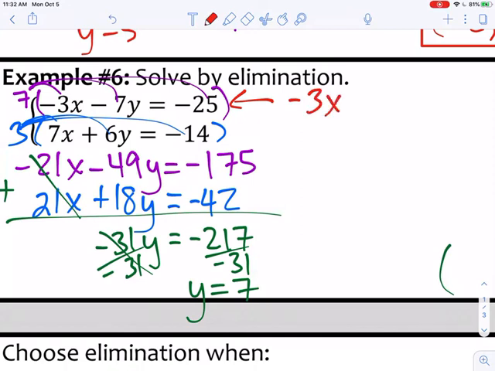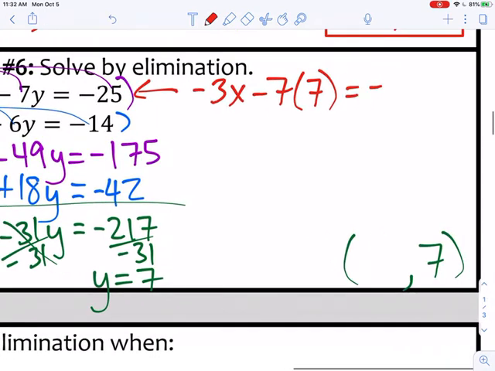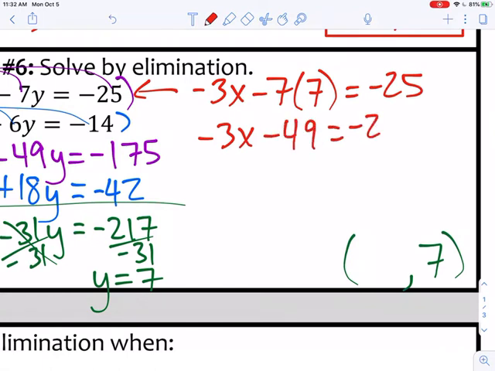So negative 3x minus 7 times y, which is 7 in this case, is equal to negative 25. So now I've got negative 3x minus 49 equals negative 25. Add 49.